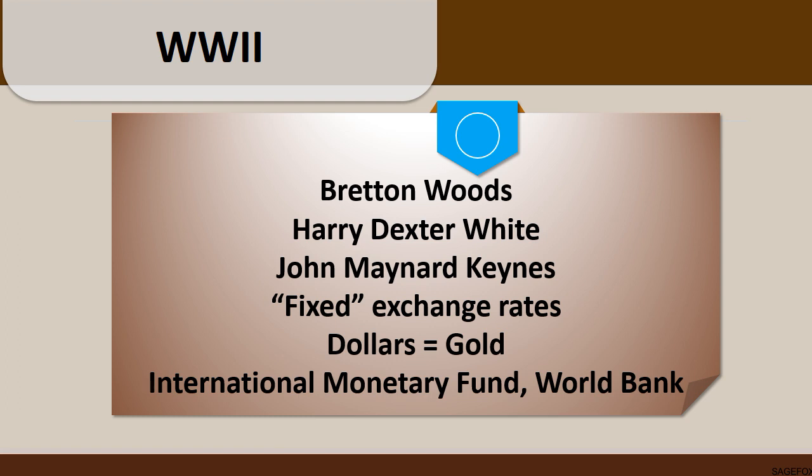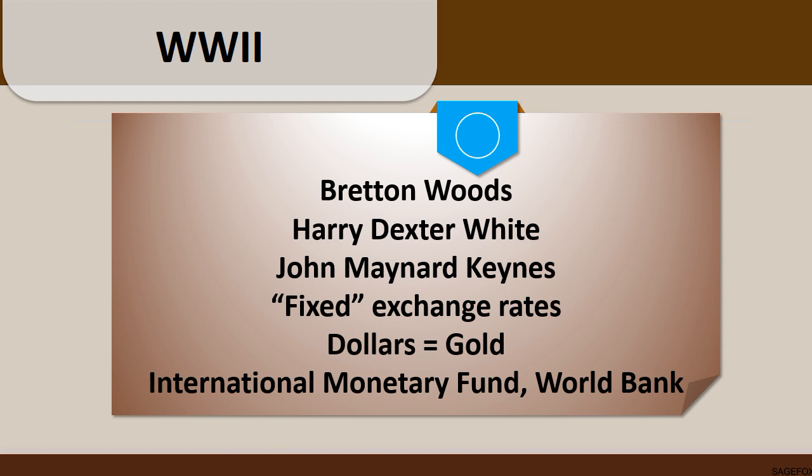The United States took the view that its job was to help the rest of the world rebuild, that we're the good guys, that we're the helpful people, that our job is to make the world a better place. Okay? So we are going to be Atlas, and the world is going to sit on our shoulders. Everybody is going to be able to fix their exchange rate to us, and we have to take whatever everybody else sets. Then they set up a bank, but they call it the International Monetary Fund.